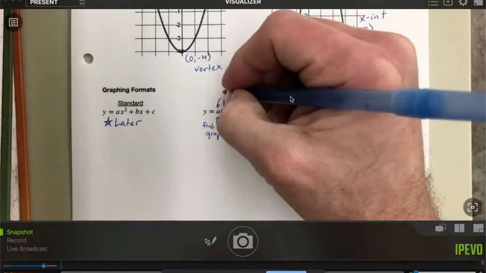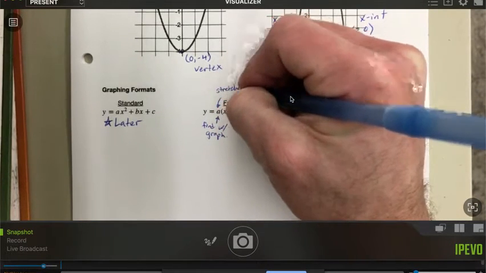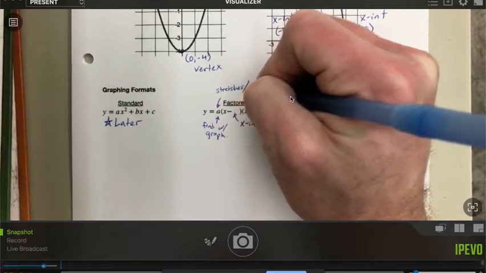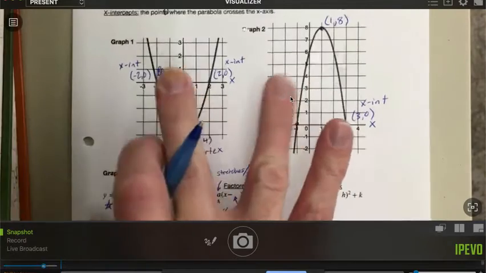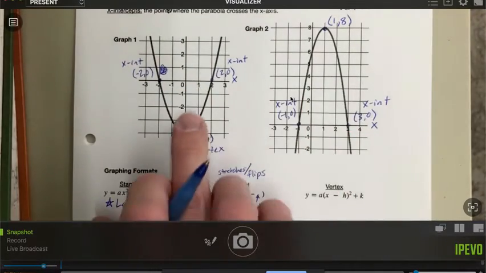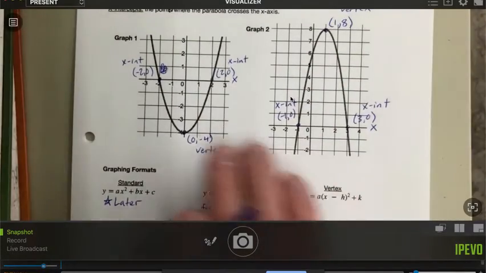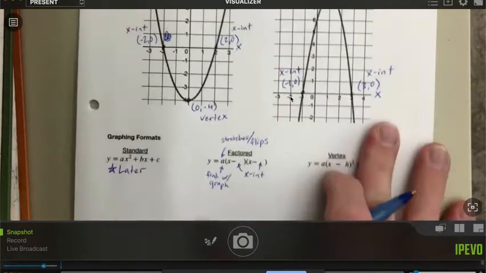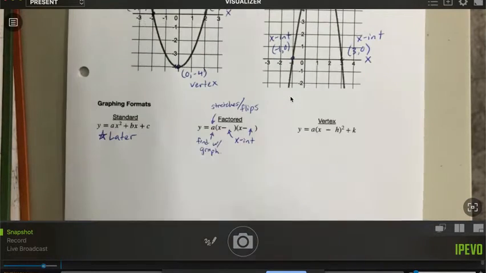The key is that A stretches and can flip my graph. If you notice, looking at these two parabolas, one is clearly flipped compared to the other, and this one's stretched out more than this one is. It turns out that our A value is going to control that in each case.